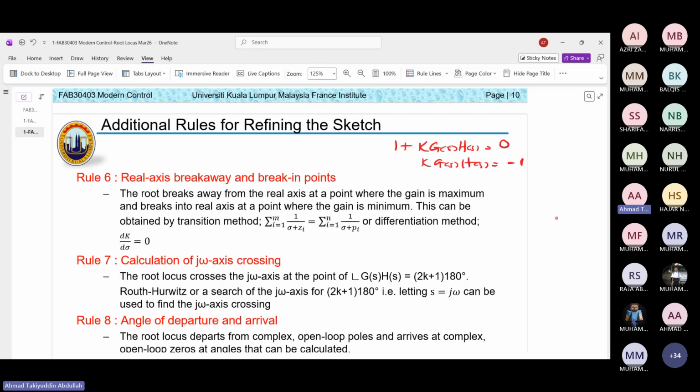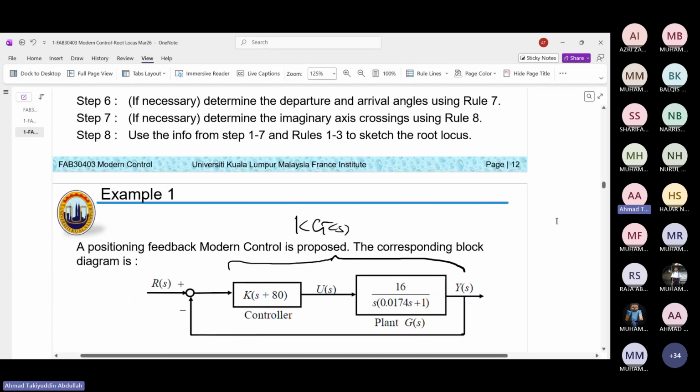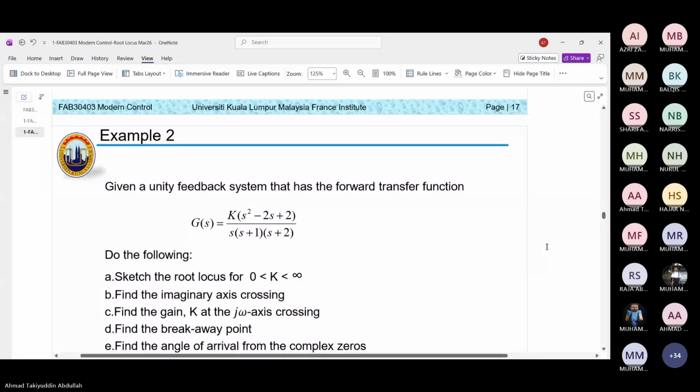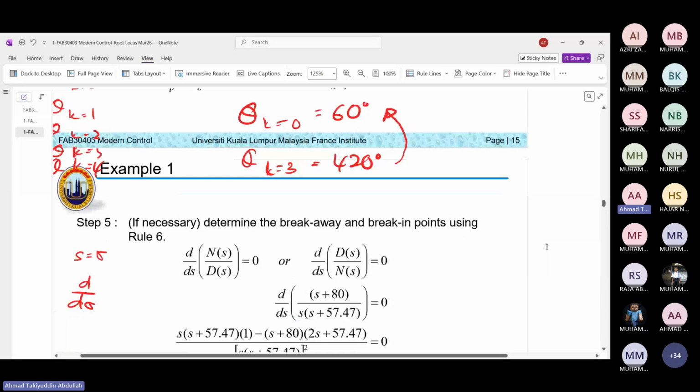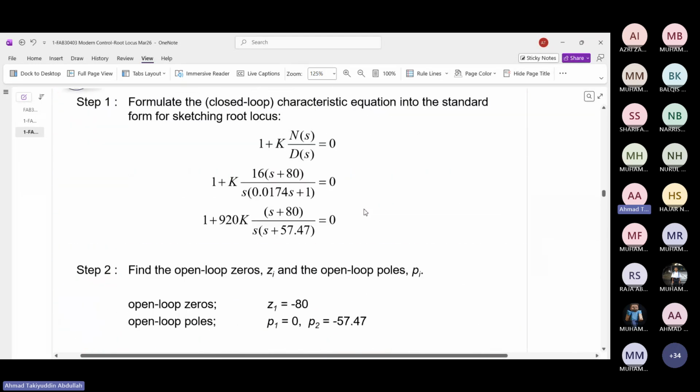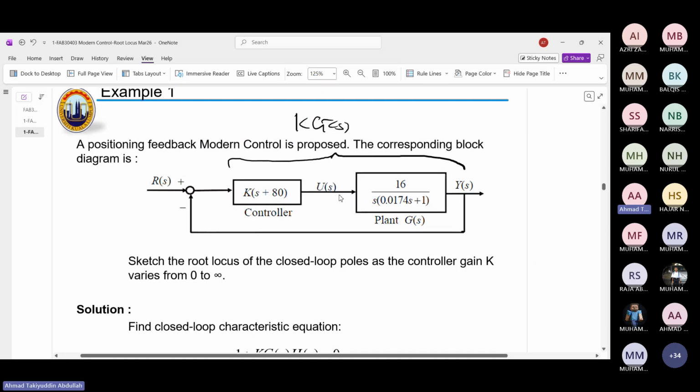So if we put the equation as kG(s)H(s) equal to -1, what we have here in our example will be this, because we have the equation 1 plus k times G(s).